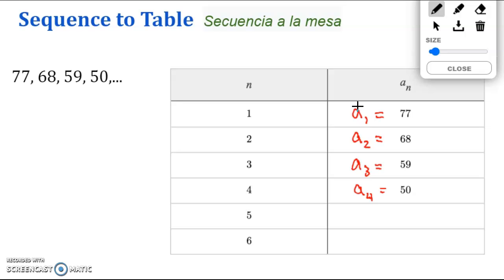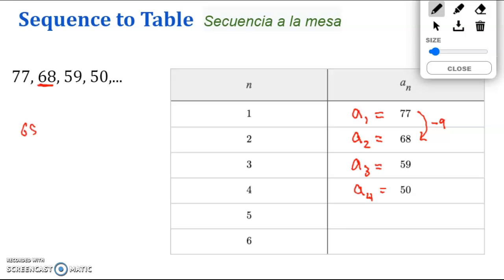How do we figure out the rest? Well, we can figure out what happened. How did 77 become 68? I subtracted 9 from it. So I can say I subtracted 9 from it or added negative 9. If I go from the list, I get the next number and subtract the previous number.